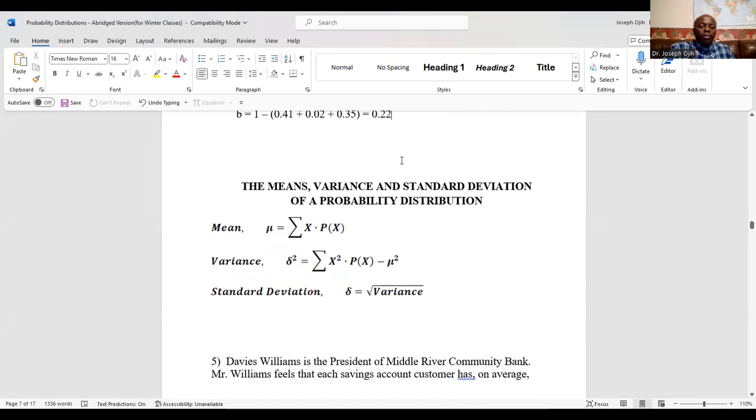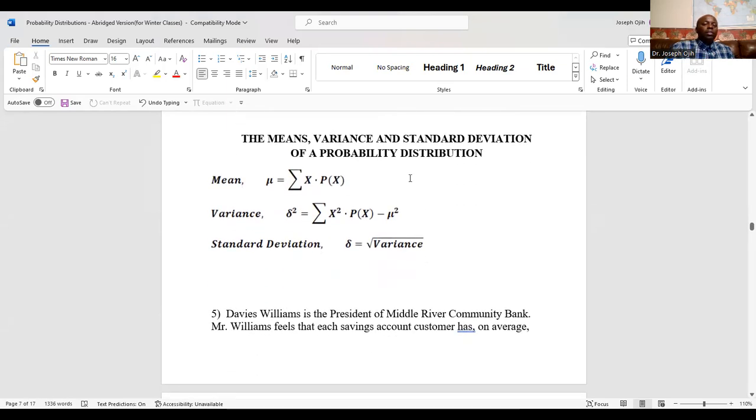Good. Now we are ready to look at the mean, variance, and standard deviation of a probability distribution. Remember, we have done the mean, variance, and standard deviation before, but we did it for a frequency distribution. This time around, we are doing it for a probability distribution.